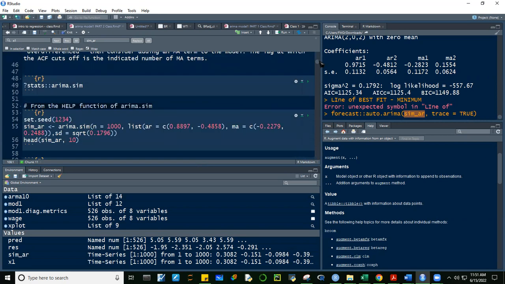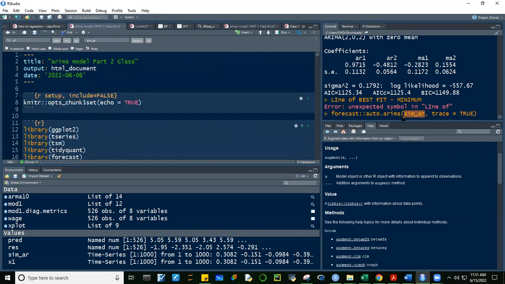Yung AP data pala yan, no? Okay, sorry. Yung AP data kasi dati kanina yung air passengers, di ba? Pwede natin i-auto.arima yon even without differencing it or even without log transformation. Okay? Tapos magsasuggest siya kung anong differencing ang kailangan. So that's the beauty of the auto.arima function.